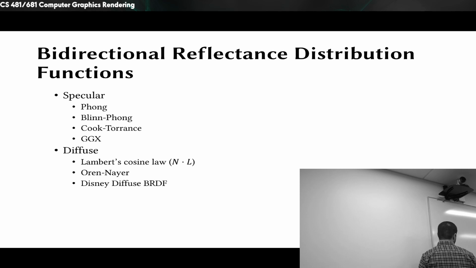So this is our surface. This is the normal. We have some light coming in, and we have this angle here, theta.